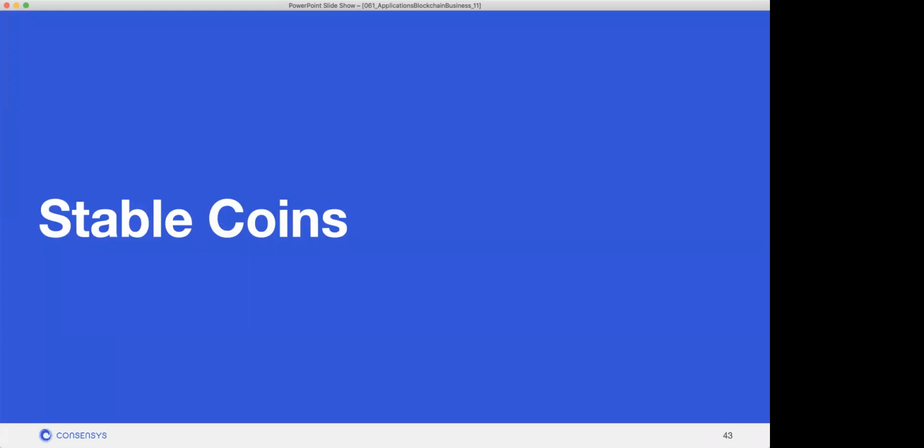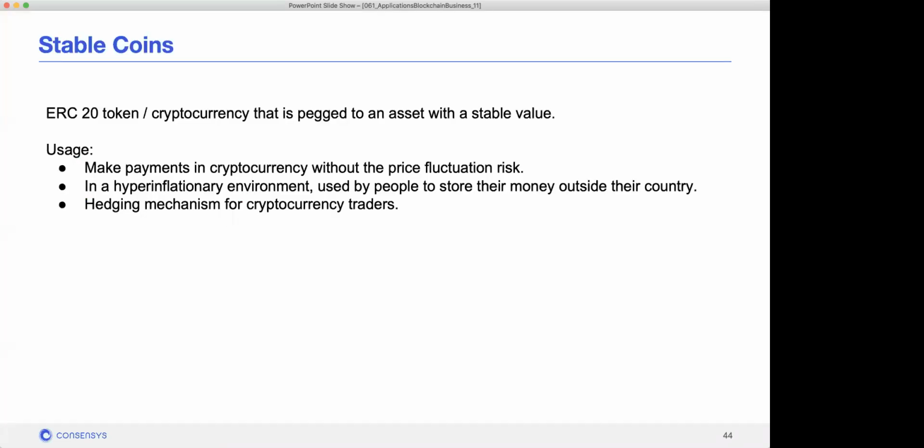Stablecoins. A stablecoin is essentially an ERC20 token or cryptocurrency that is pegged to the value of an asset which is stable or relatively stable. It allows you to make payments in cryptocurrency, but without the price fluctuation risk that you might have from, say, Ethereum or Bitcoin.